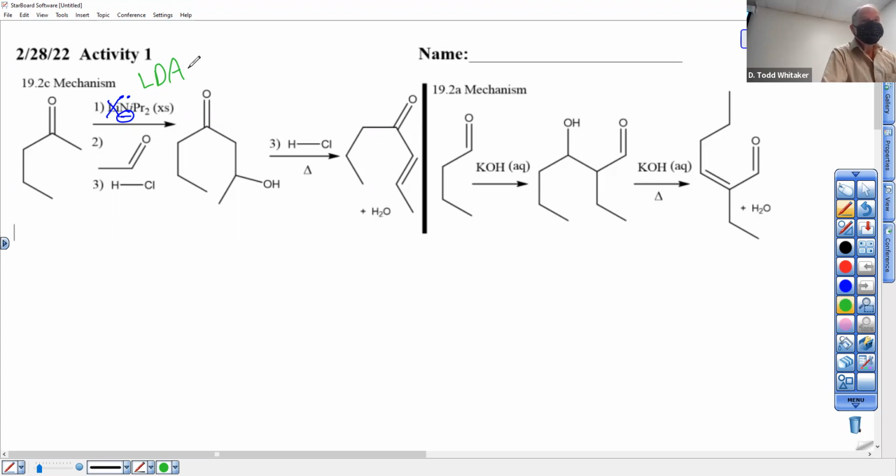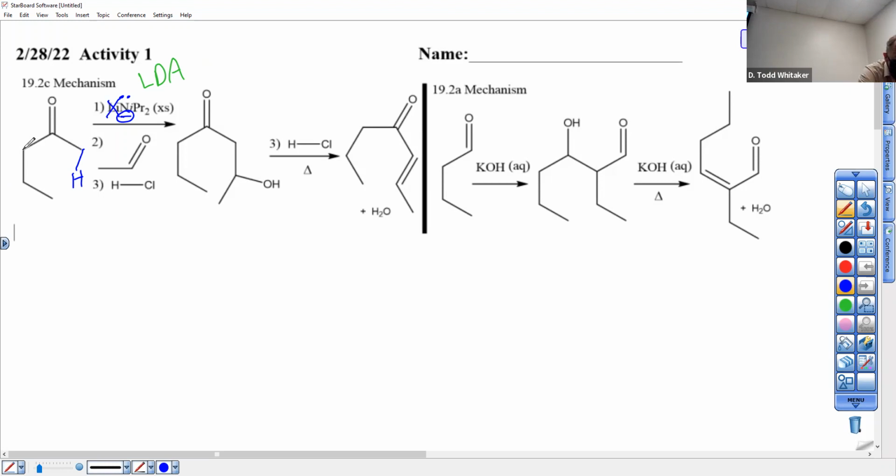So decide for yourself which alpha H is easier to get to. Well, it's the one that's on the end of the chain. Those alpha H's there do not have this ethyl group also attached like they do over here. So these are hindered. They won't even let me draw over there, so I'm taking that as a hint to not draw over there.